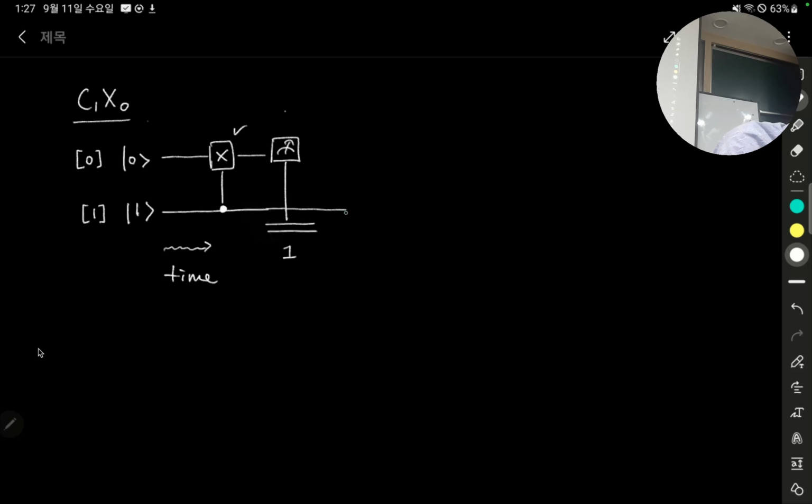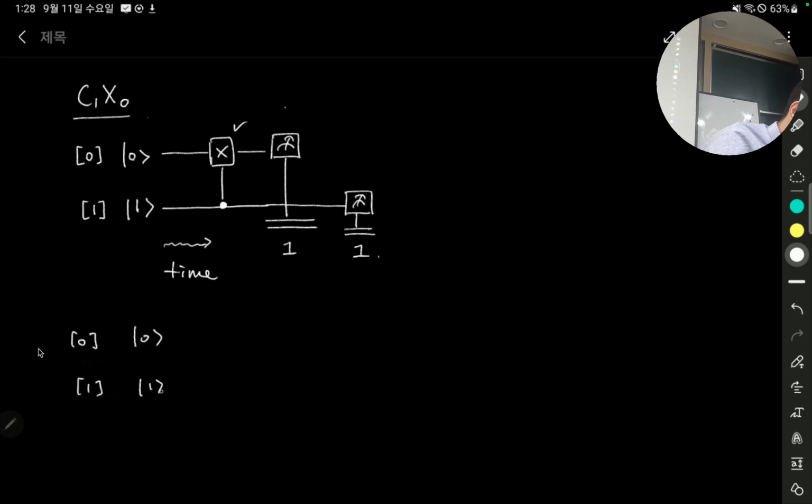So let's see, if I measure this part, then it reads as 1. This symbol, which looks like an odometer, is a measurement. It represents the measurement. So if I don't apply the C1X0 CNOT gate, then I have the same 2-qubit state initialized as 0 and 1.